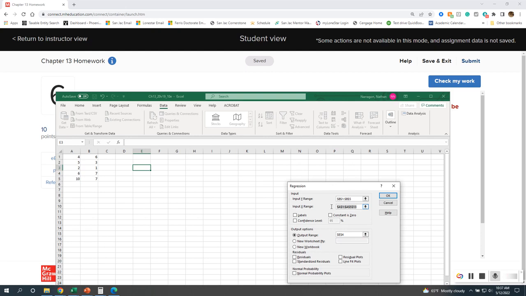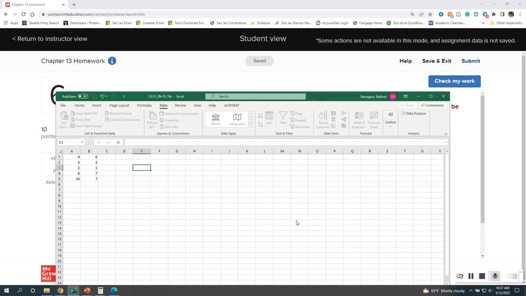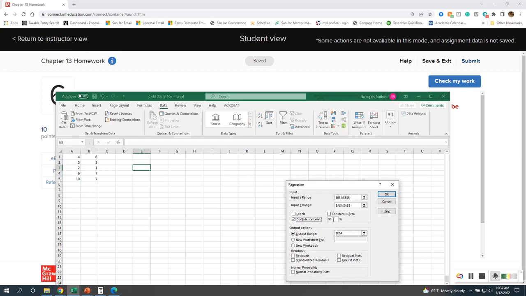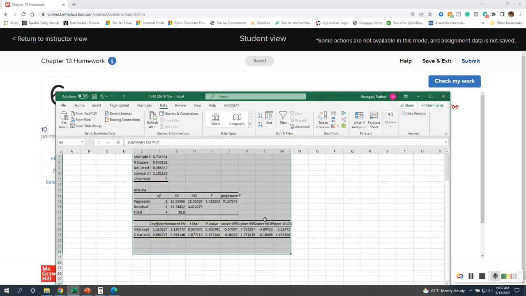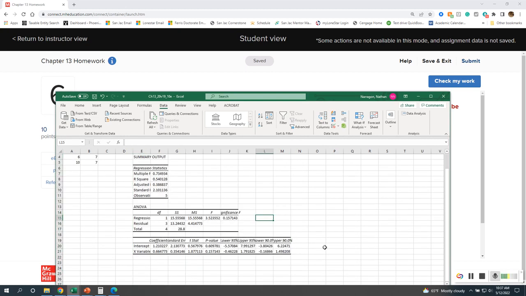That range looks a little odd. There we go. Yeah, okay, so that's where my error was. That was weird. So, 90. Hit OK, because again, I have to make sure my confidence level is correct.